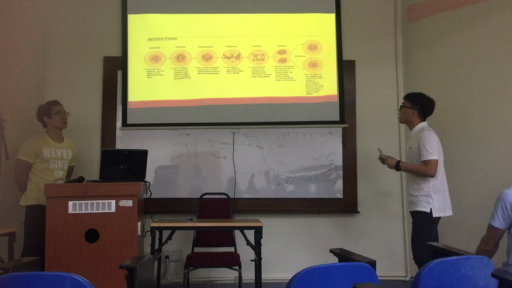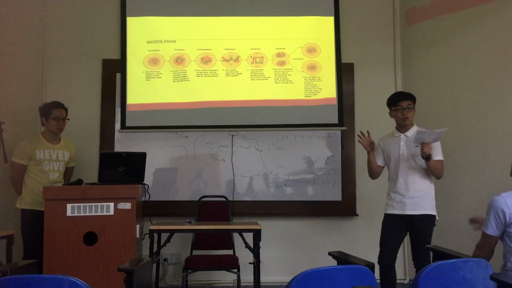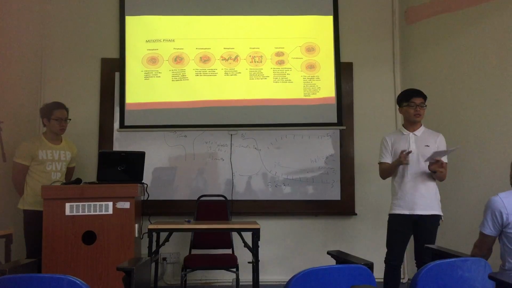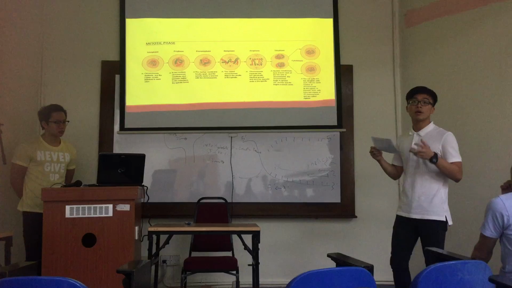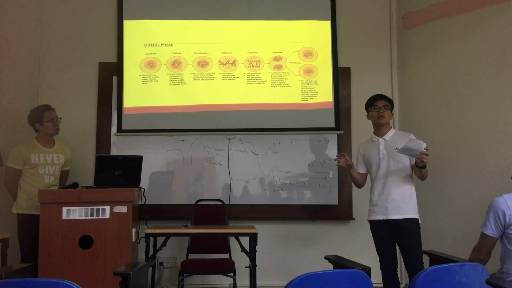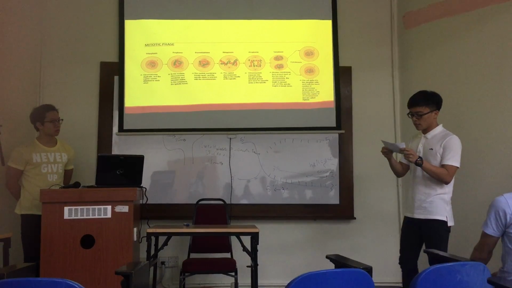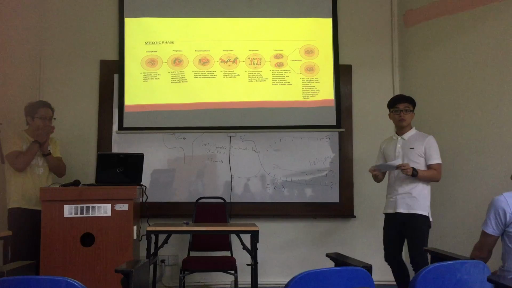Okay, after that we have our cytokinesis. In order to form two cells identical to the parent cell, the process of cytokinesis is to separate the two nuclei into two separate cells by forming a cleavage furrow between them.